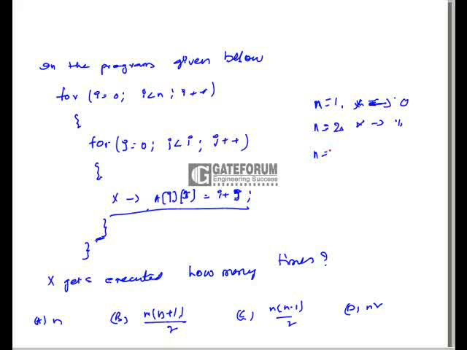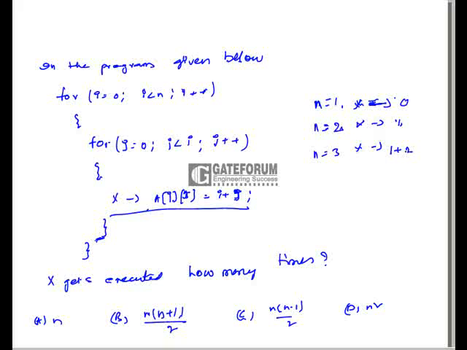Let us check when n is equal to 3. If n is equal to 3, it will be executed 1 plus 2. So for n is equal to 1, it is executed 0 times. For n is equal to 2, it is executed 1 time.